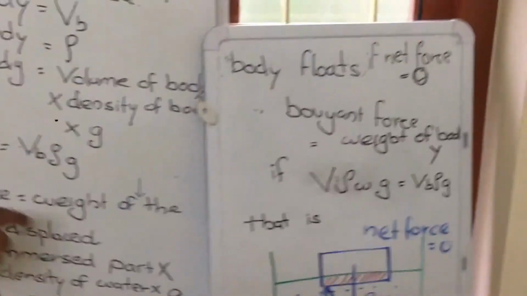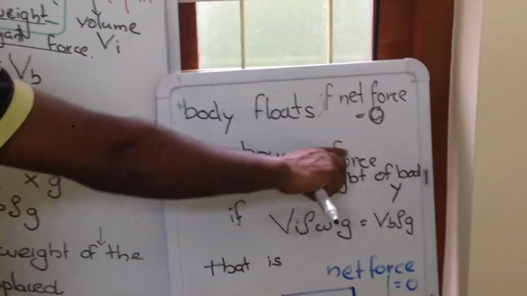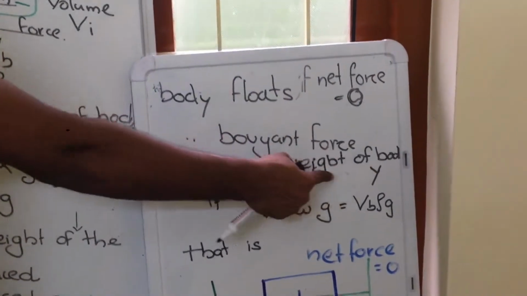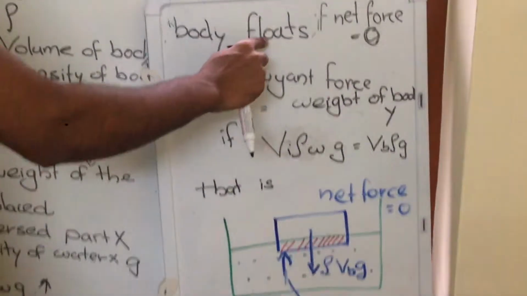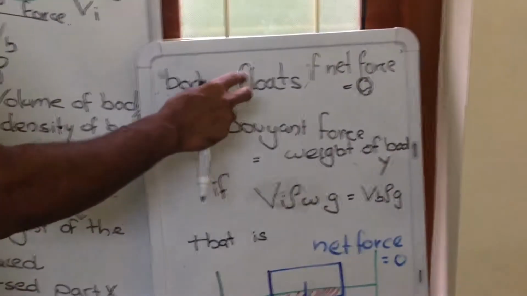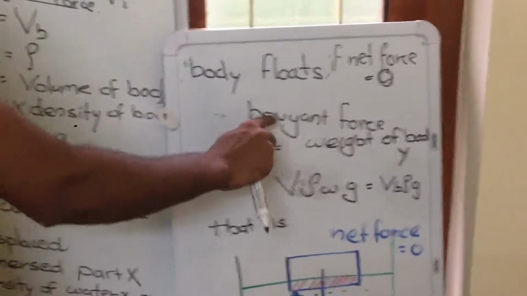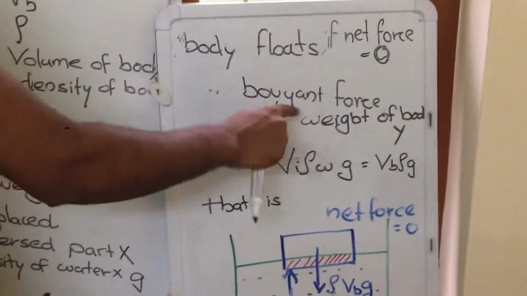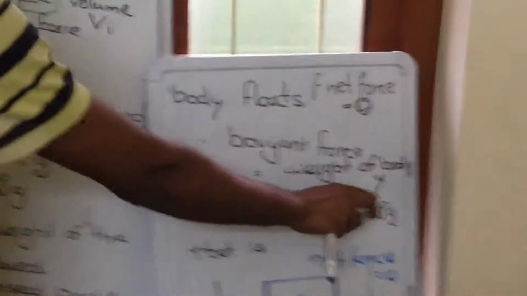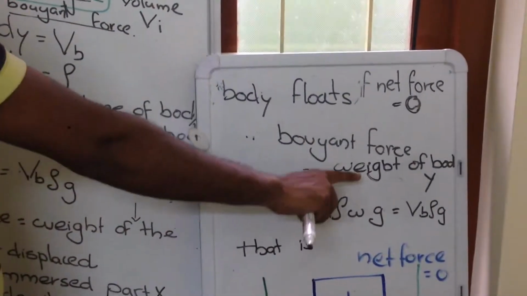Now we have obtained two forces, buoyant force and weight of the body. For a body to float, the net force should be equal to 0. That is, the buoyant force which is acting upward should be equal to the weight of the body which is acting downward.